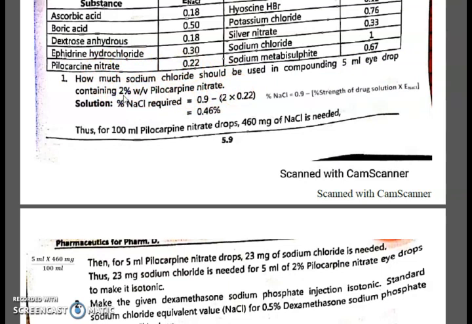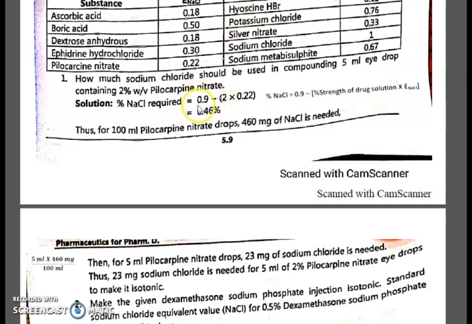Now, going towards the solution of this example, we will use the formula percentage NaCl equals 0.9 minus percentage strength of drug solution multiplied by ENaCl value of drug. Here, the percentage strength of drug solution is 2% weight by volume of pilocarpine nitrate and the ENaCl value of pilocarpine nitrate is 0.22.